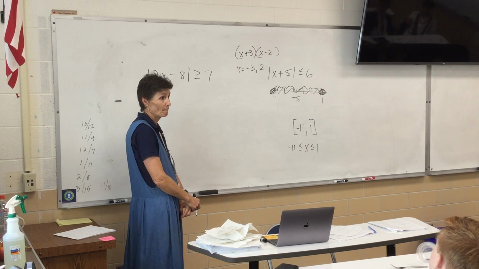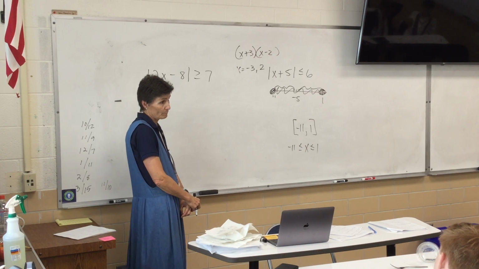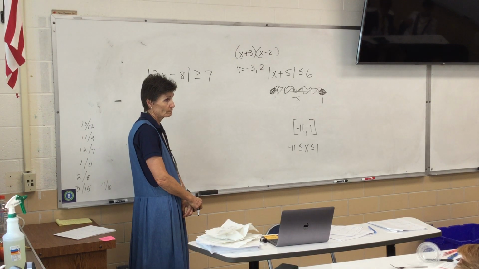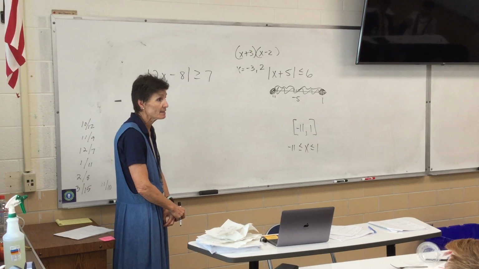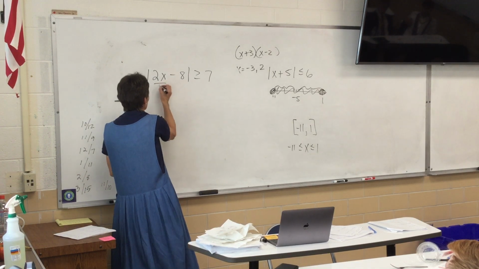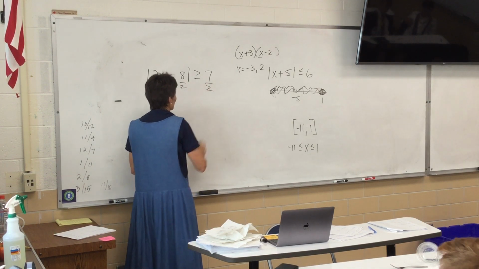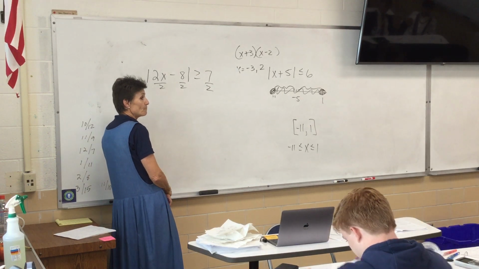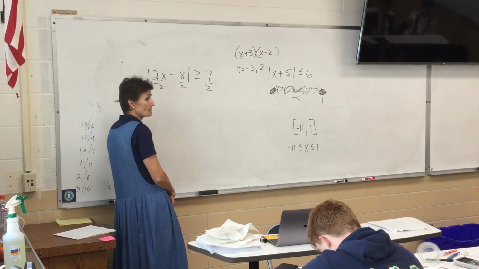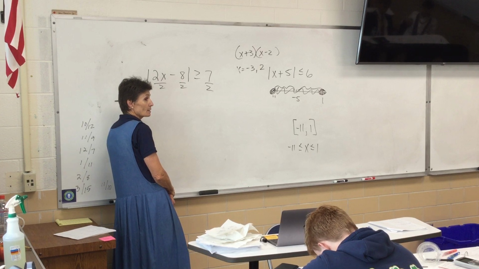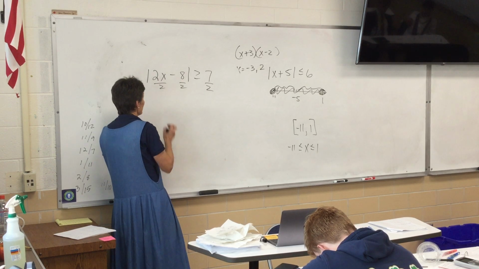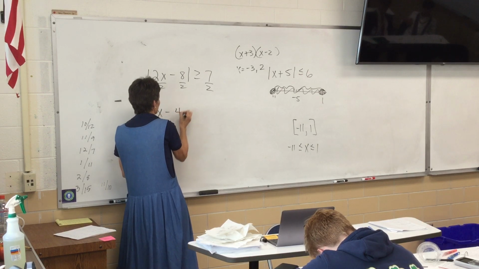I mean, you just write it down, like get out of the absolute value and write it down, and then divide by 2. You actually can divide by 2 with it still in absolute value. Or what I was thinking is, couldn't you just subtract the 8 over? And then if you do that, because it comes down as +8, and if you subtract the 8 over, you'll get x less than or equal to negative half.